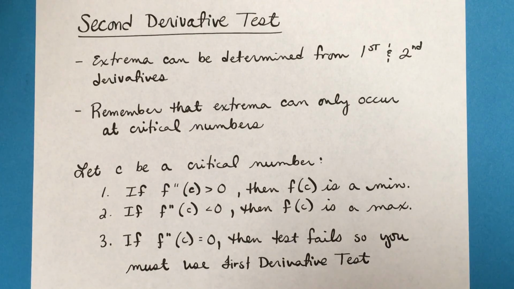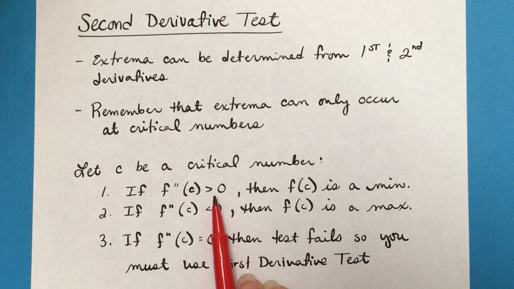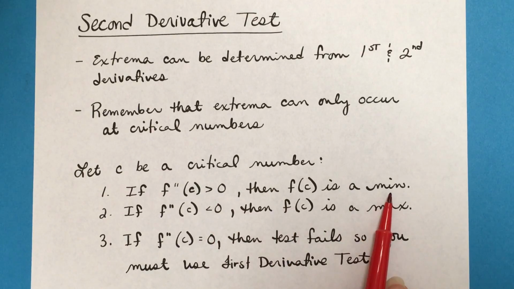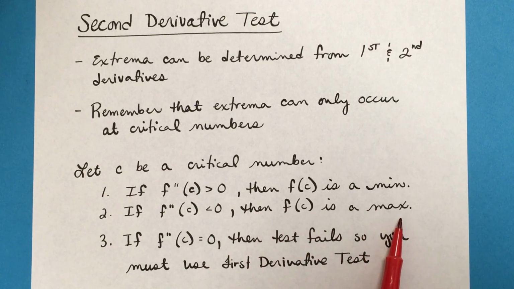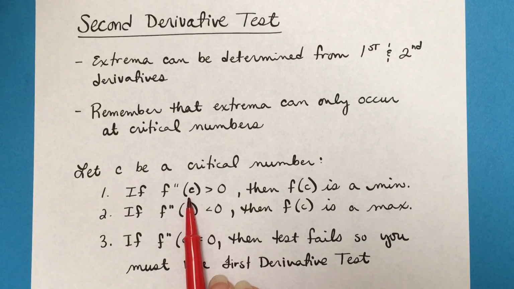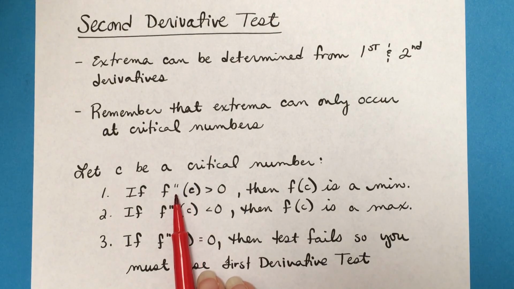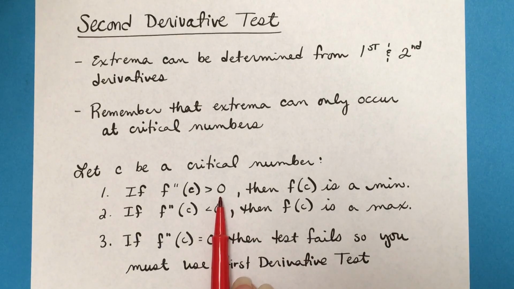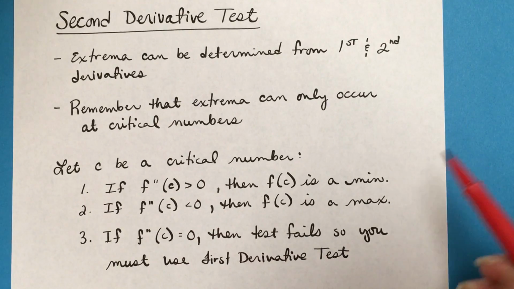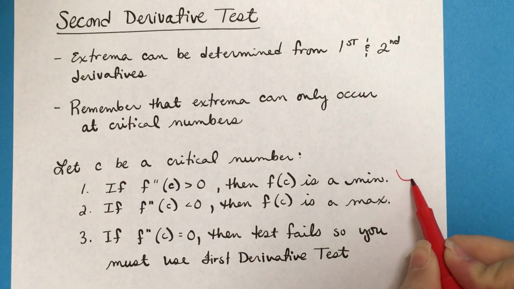Now, the reason why this is right the opposite of what you would think of, like greater than meaning a min, less than meaning a max. If you remember, we just finished doing concavity with second derivative, and you remember, if your second derivative is greater than 0, it's concave up. So if you have a section that's concave up, see, that's going to put a low point down here at the bottom, which would indicate that you have to have a min.